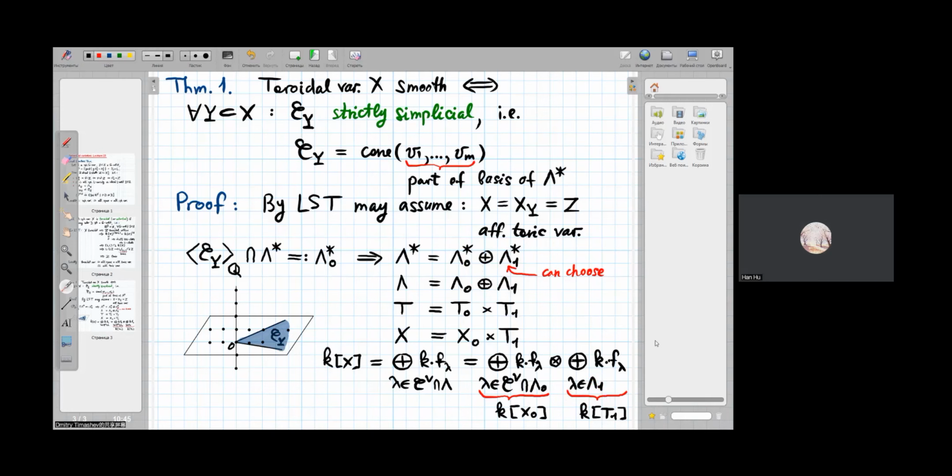Well, so this implies, since we are again interested in smoothness of X, this picture reduces everything to the smoothness of X naught. So we may assume that X coincides with X naught without loss of generality.